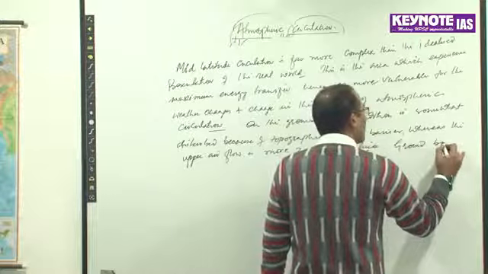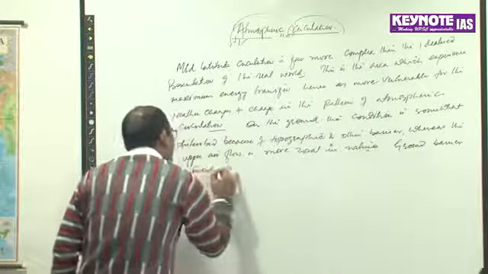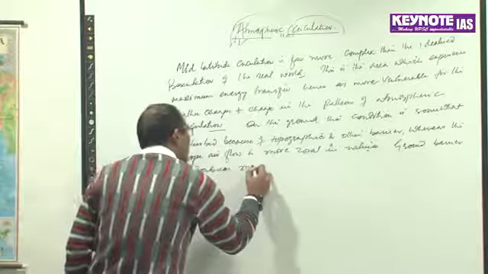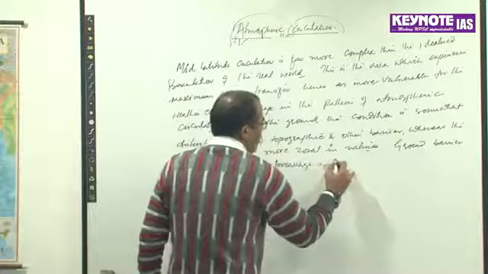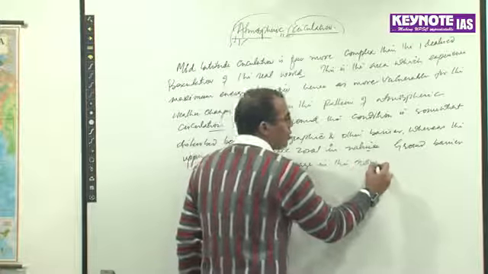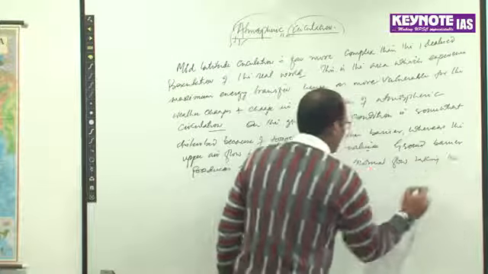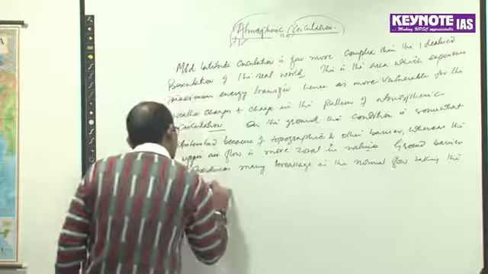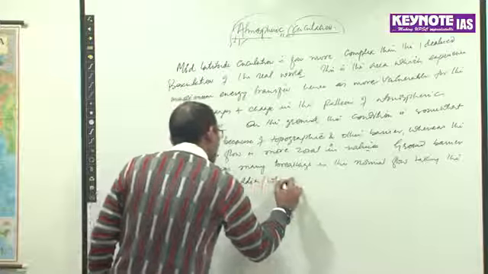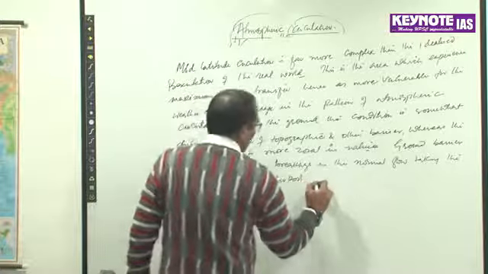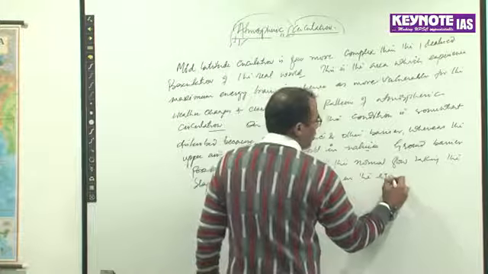The ground barrier produces many breakages in the normal flow, taking the shape of eddies, whirlpools, like in the rivers.